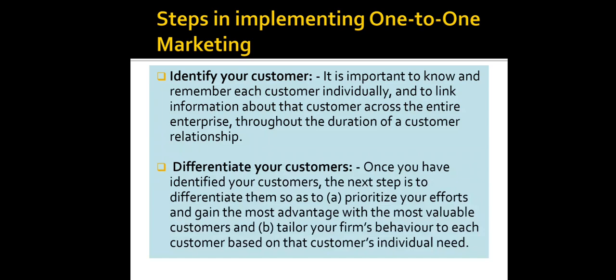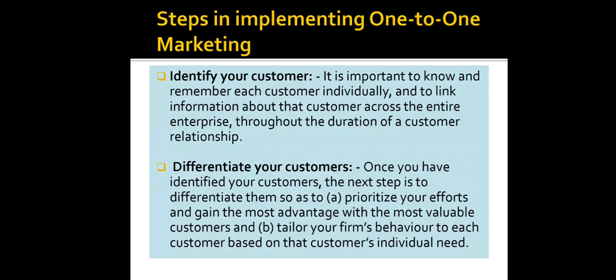Now, second step is differentiate your customers. Once you have identified your customers, the next step is to differentiate them. Now, why do we need to differentiate them? So as to prioritize your efforts and gain the most advantage with the most valuable customer. Then tailor your firm's behavior. You need to fit your firm's behavior to each customer based on their individual need.